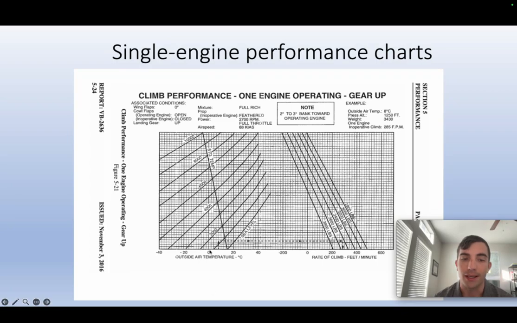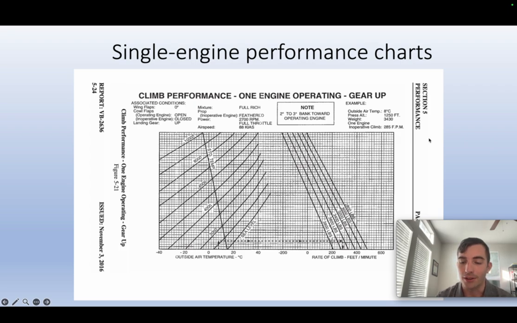If we take that consideration that we're in a normal temperature range, and if we're at max weight, we get a 200 feet per minute climb rate on a single engine. And then if the airplane's lighter, we'll achieve a better climb rate. You can see if we're flying over here towards a 3,200 weight, we'll get 400 feet per minute, which is pretty good.